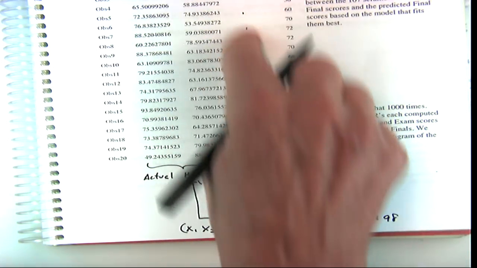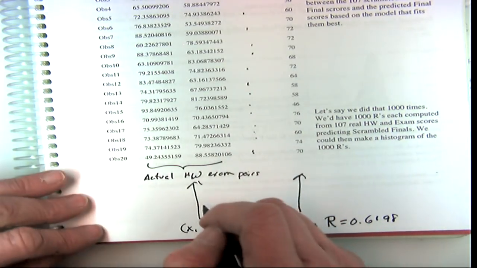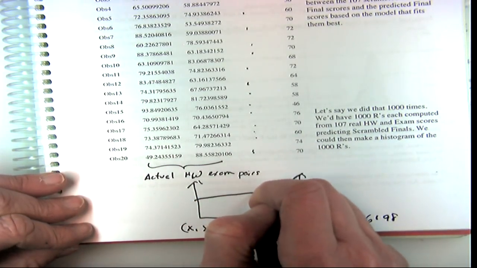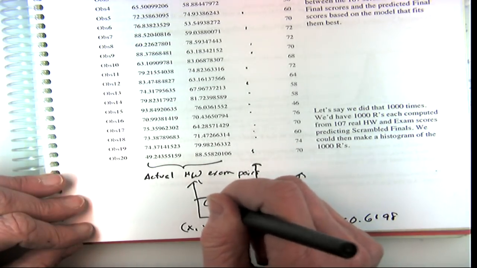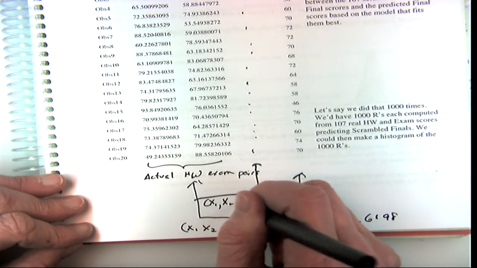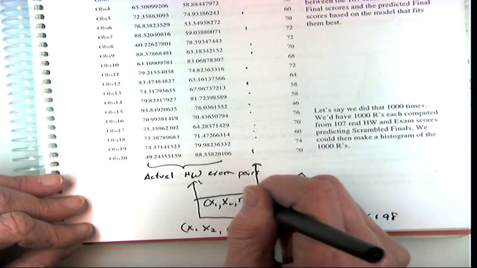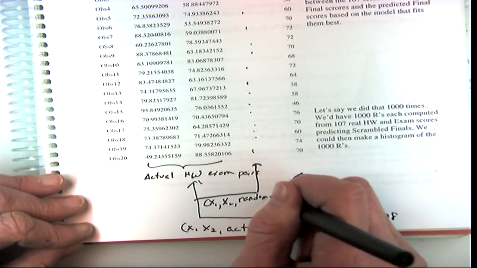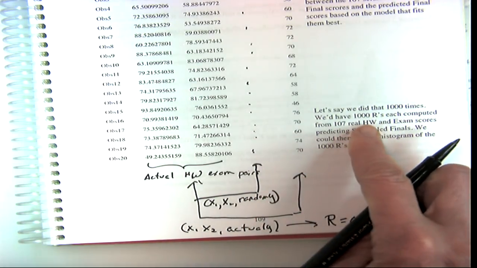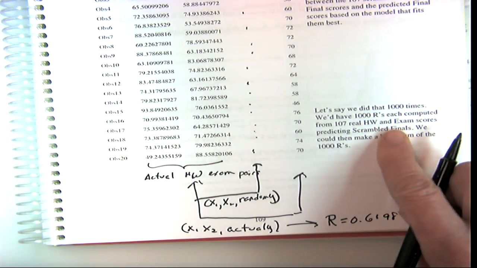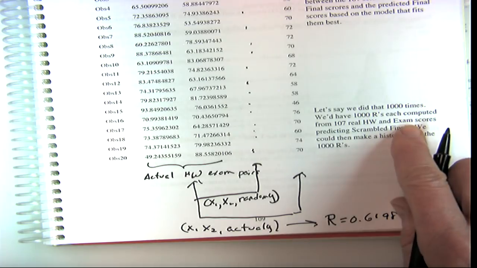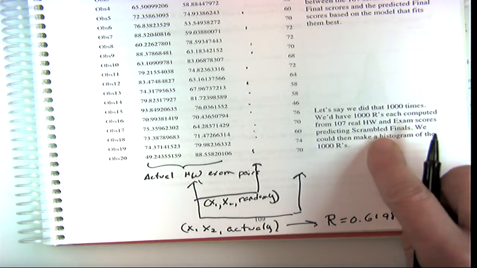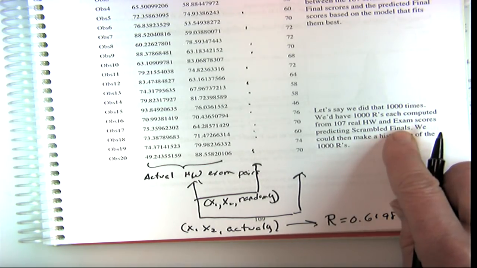Now we could do the same thing we did here, and instead, each time, get x1, x2, and now you have random y's. And do that 1,000 times, each computed from 107 real homework and exam scores, predicting scrambled finals.